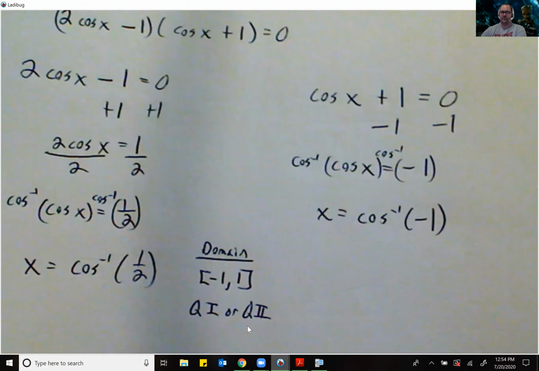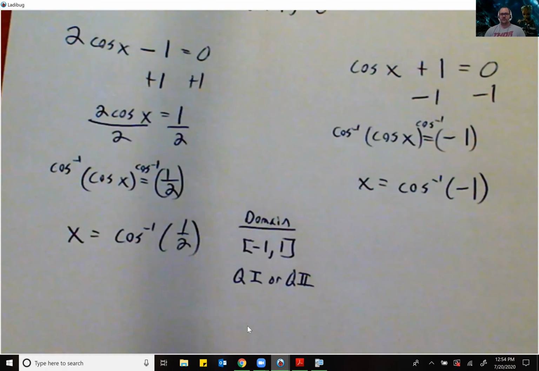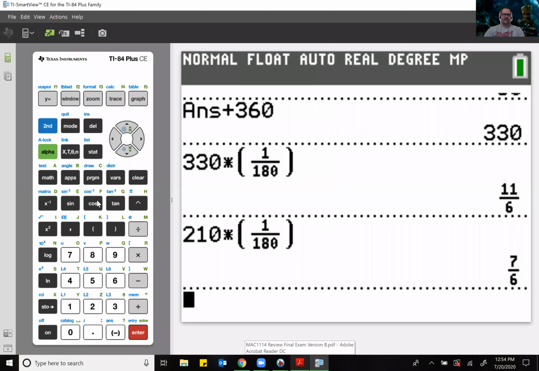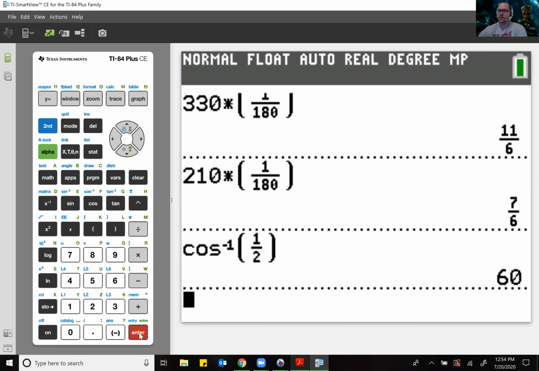So if we go to our calculator and we type in second cosine, alpha y equals 1/2, close it. One of our answers, and let's see what they wanted.